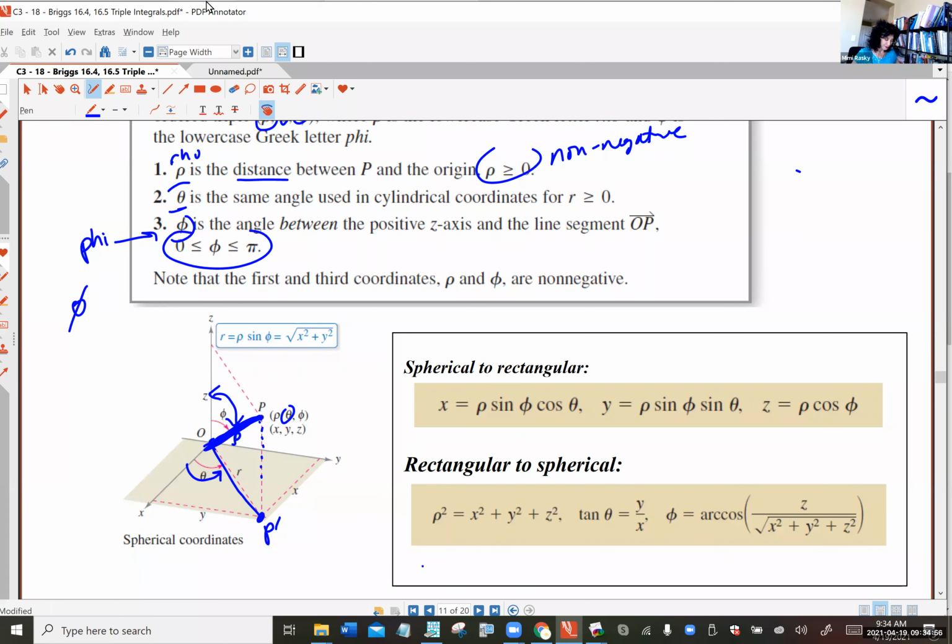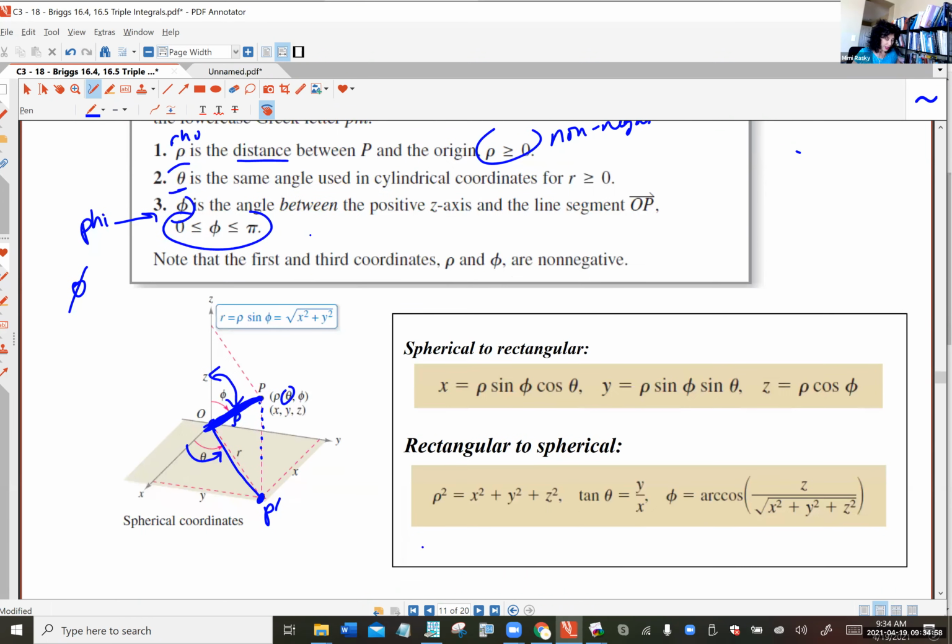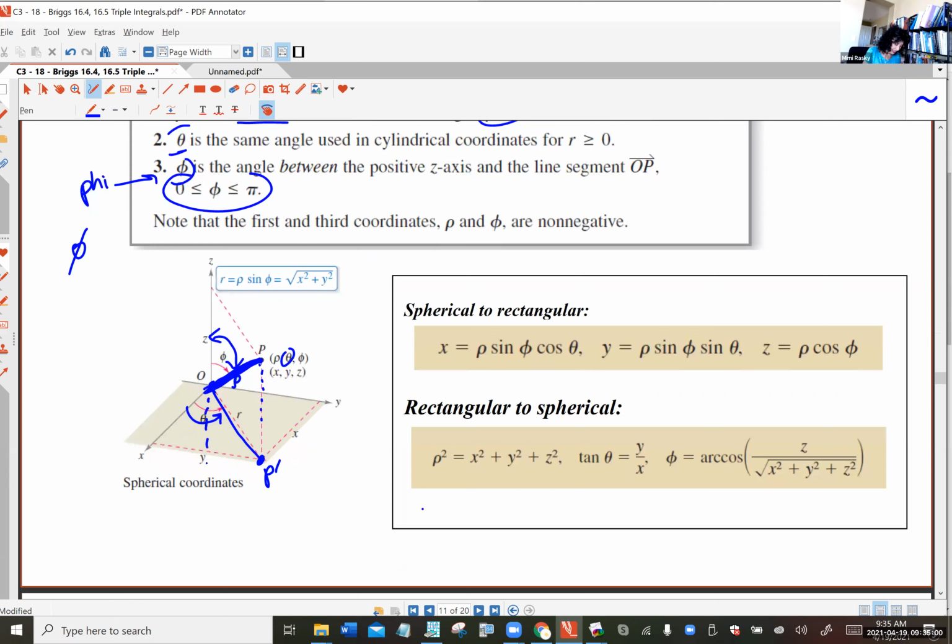Well, how come? Because if I extend the negative z-axis down here, the most that the angle can be is from here to here. Say this point, I'll call him Q, lives on top of the z-axis.